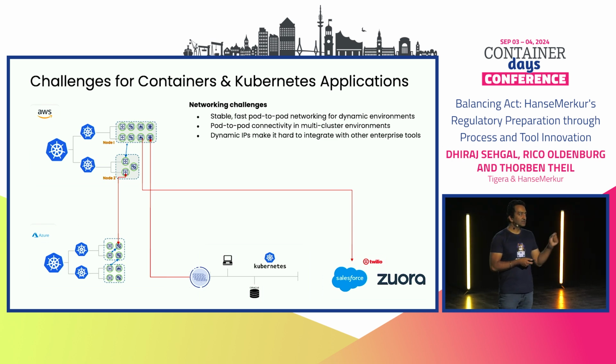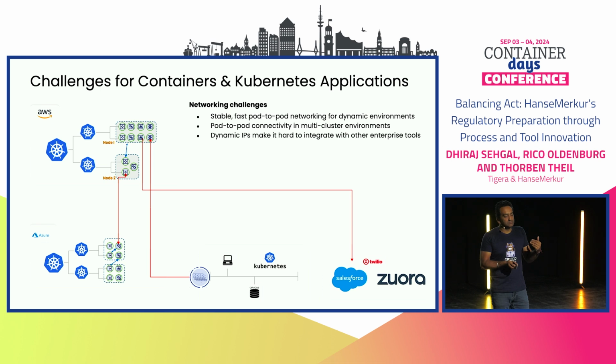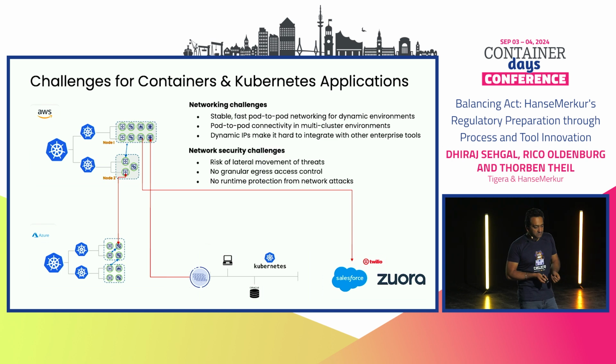What they need is for their workload to give a specific IP to the firewall team so that connectivity can be established. Generally, the workloads in Kubernetes don't have static IPs. That is the challenge they run into, and they try to find creative solutions to address it.